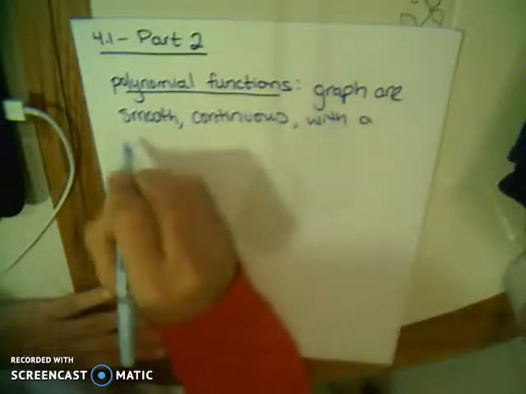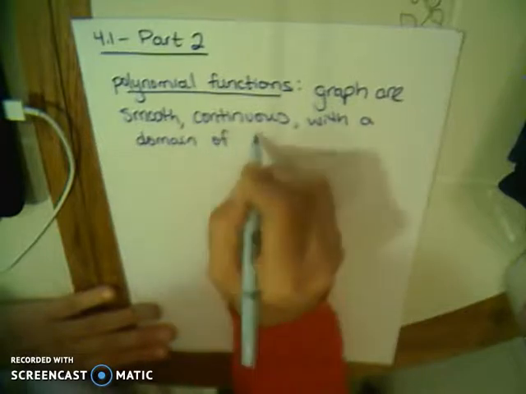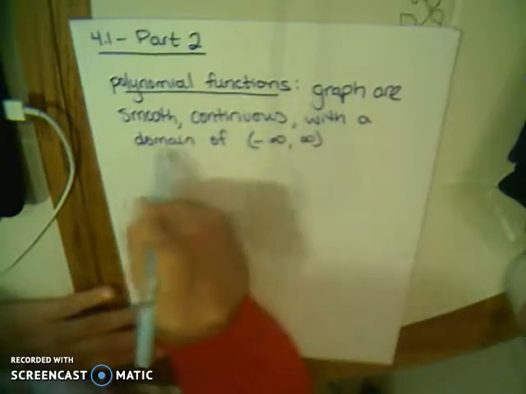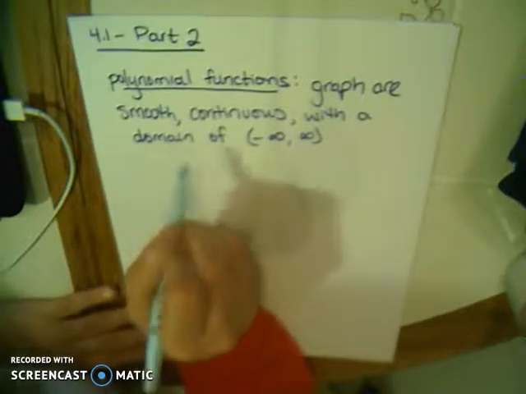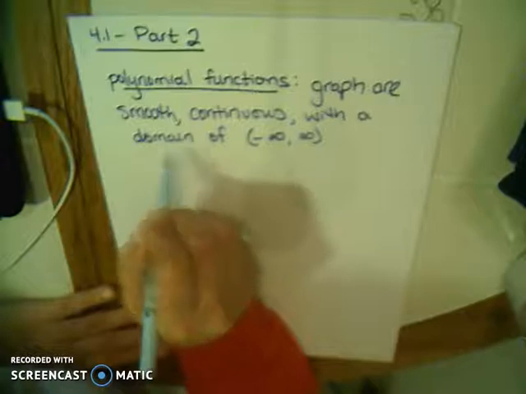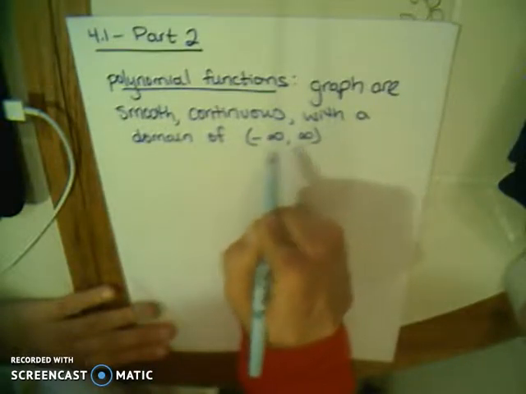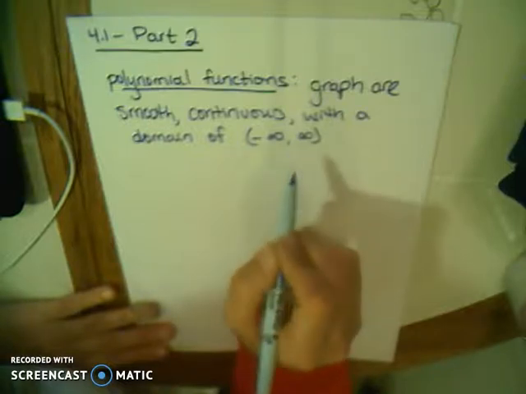And they have a domain of negative infinity to positive infinity. Domain is the term we use to describe the set of values we're allowed to plug in for x. And by using the interval notation negative infinity to positive infinity, that means we can plug anything we want in for x, any real number.